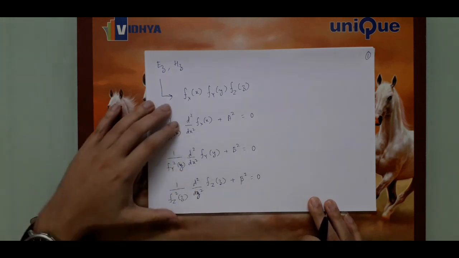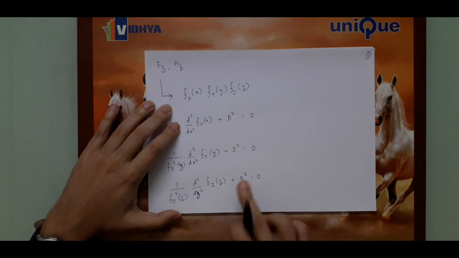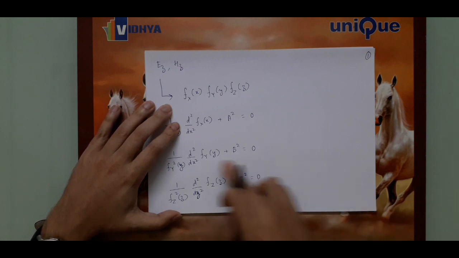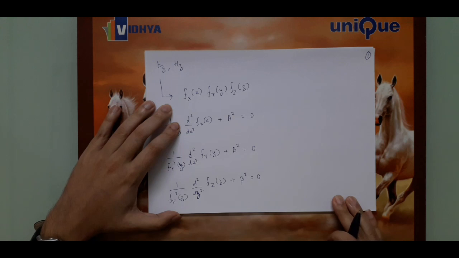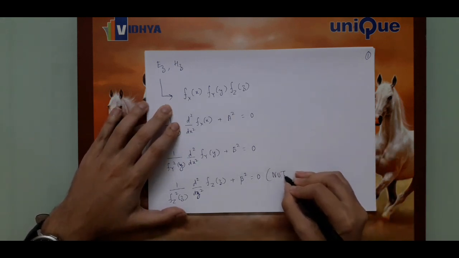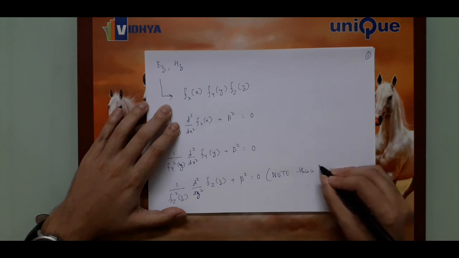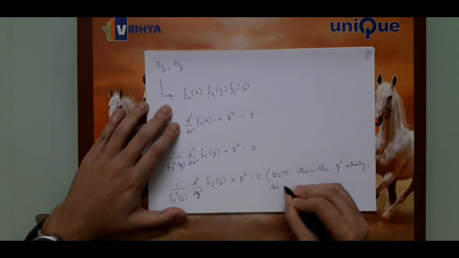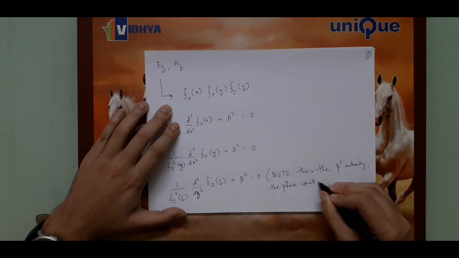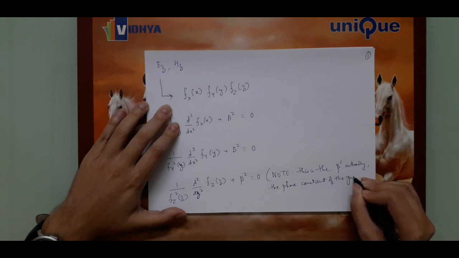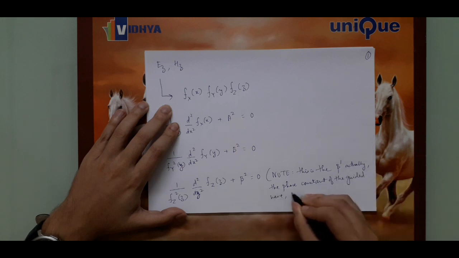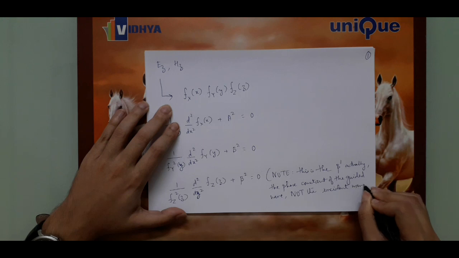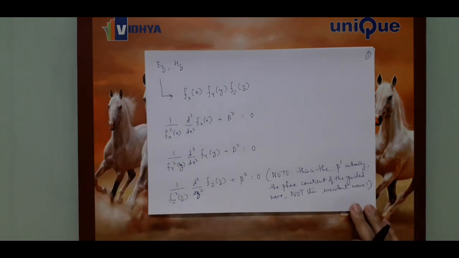The reason I am writing beta and not beta prime is that we are now not going to talk about the individual wave, but rather the beta of the whole wave that is being guided along. So this is very, very important.